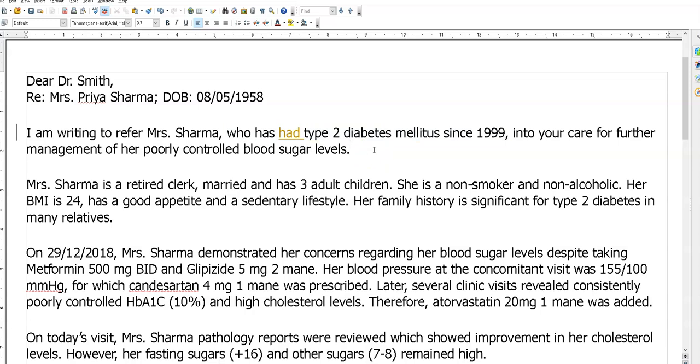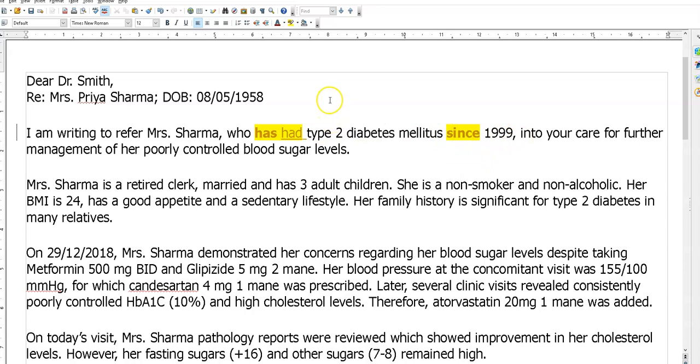Right into refer Mrs. Sharma, who has type 2 diabetes. Now, I've had to change it into present perfect here because you've used since as an adverb. So, who has had it since, and she still has. So, if we wanted to change that, we would have to say who has, and not say since 1999.